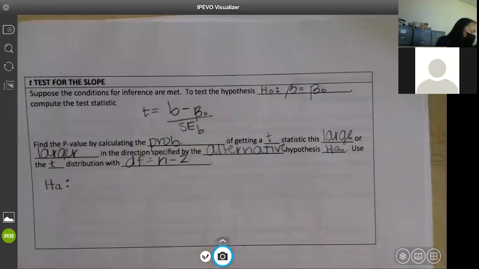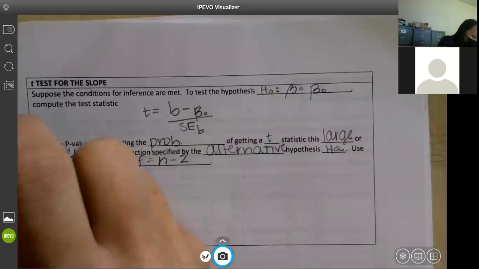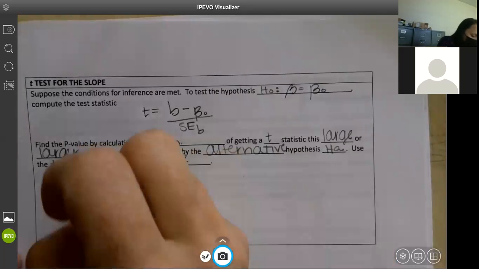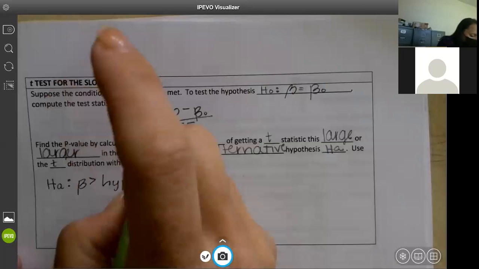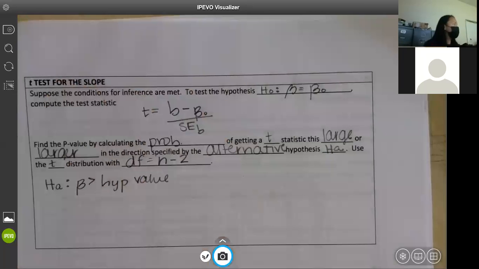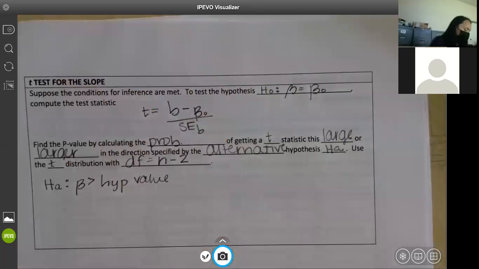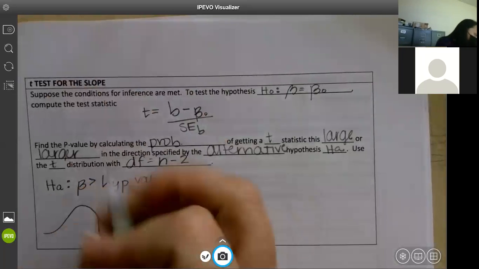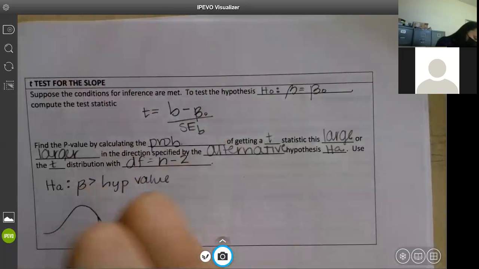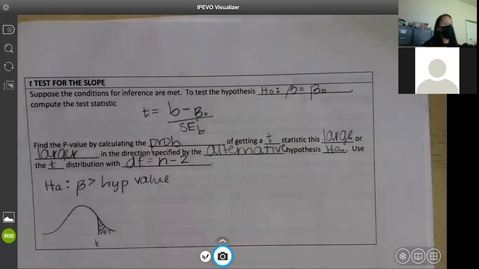If our alternative is that beta is greater than the hypothesized value, again, typically 0, but it could be more, then our T is going to be here and everything will be to the right, greater.